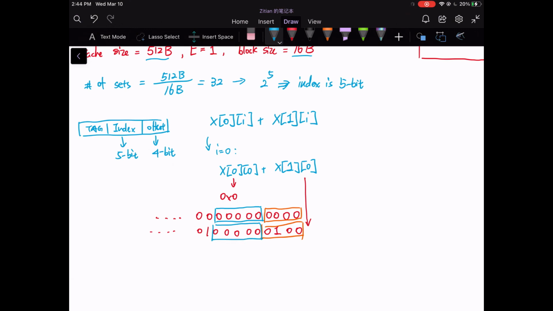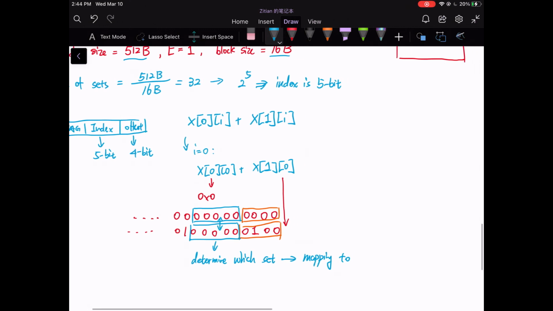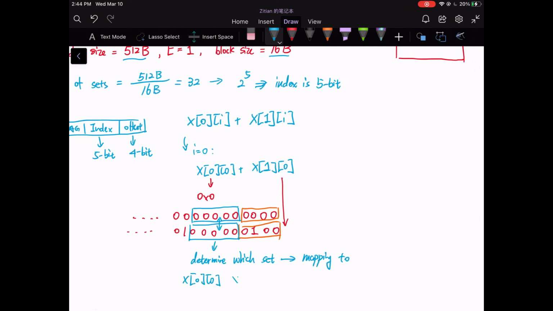Oh, you can find an interesting thing. The index will determine which set this memory block is mapping to. In this case, x00 and x10 all map to set 0, set number 0.